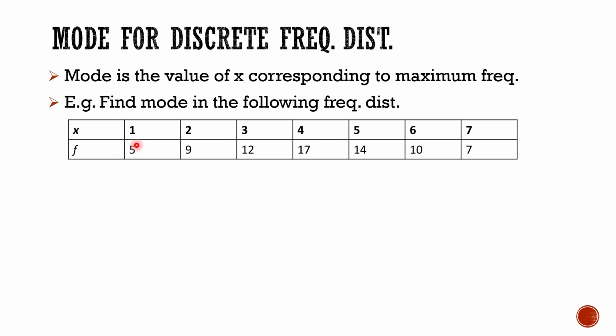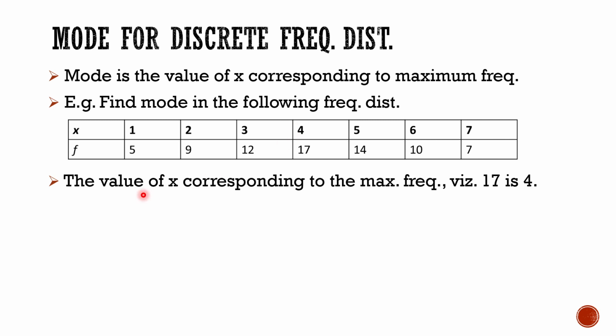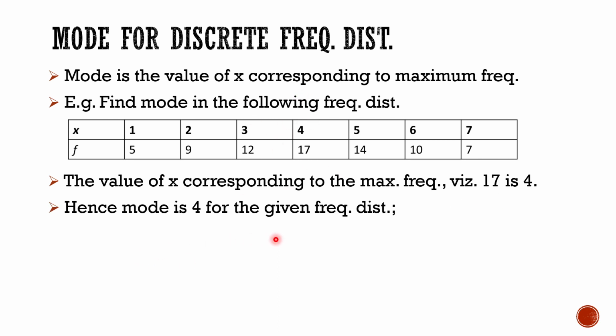The x values are from 1 to 7, and the frequency increases until the value reaches 17 at x equal to 4. So the maximum frequency of this distribution is 17, and the corresponding x value is 4. So our mode is 4 for this given frequency distribution.